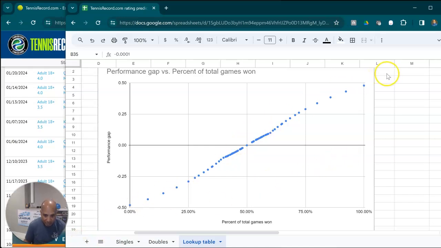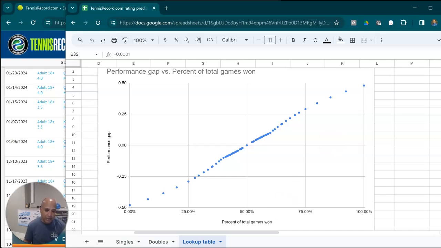So anyway, I graphed it, and you can see that there's a clear pattern here, but I so wanted this to be just a straight line, just a linear relationship between percent of games won and performance gap. While it is close to being linear, you can see that it is not exactly linear.